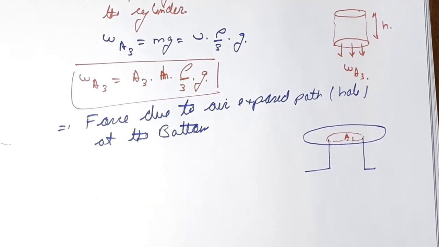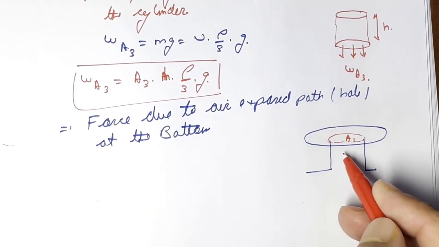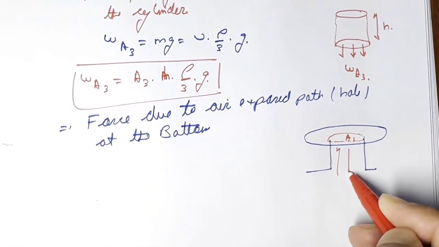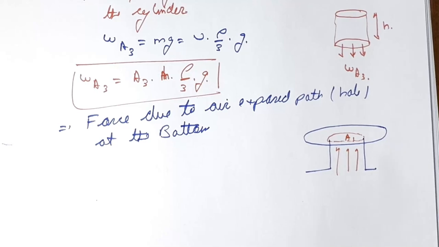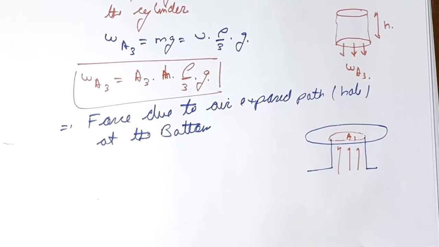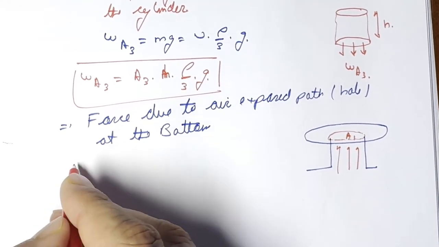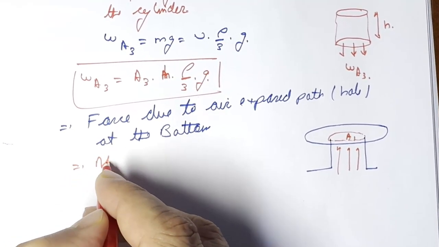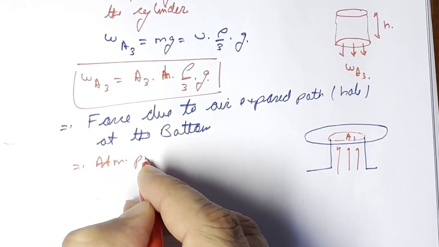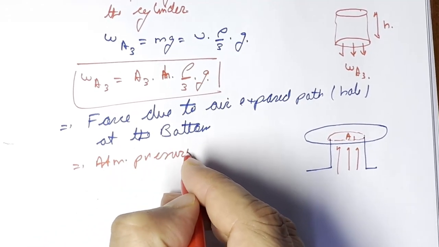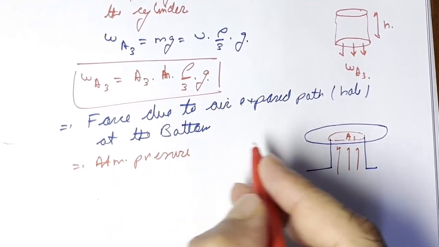Here it will be the atmospheric pressure acting in the upward direction, because it is an open hole. Therefore atmospheric pressure acts on the area A1.